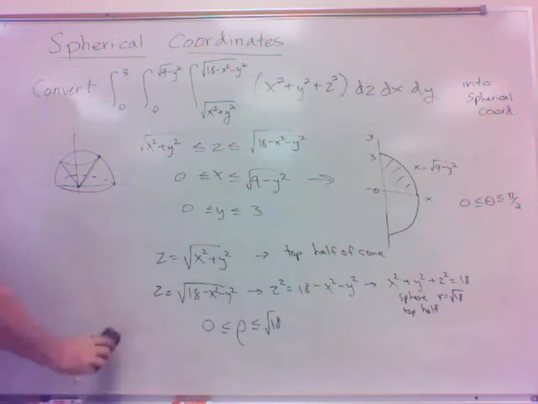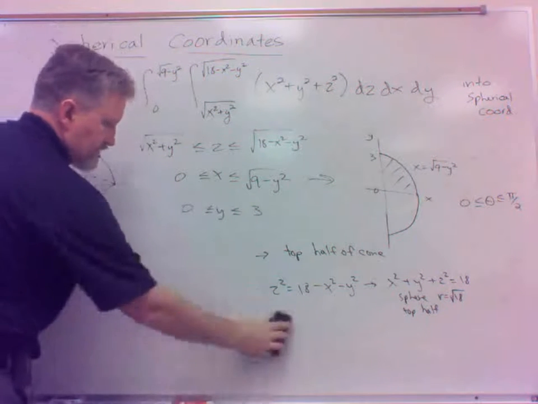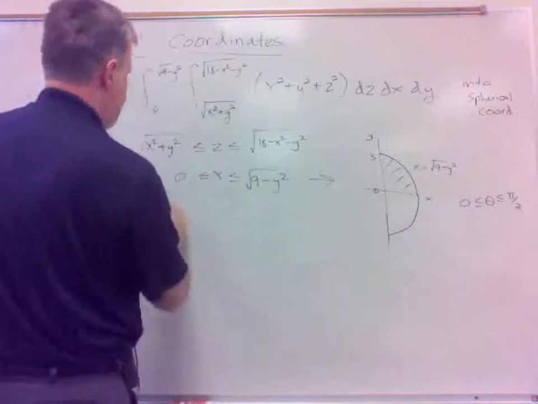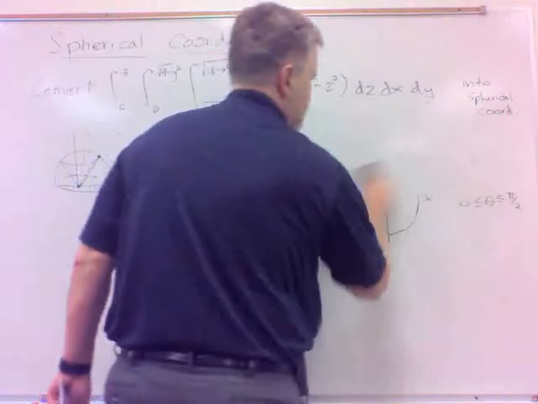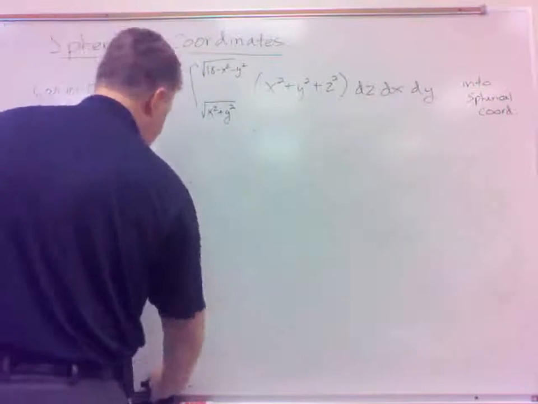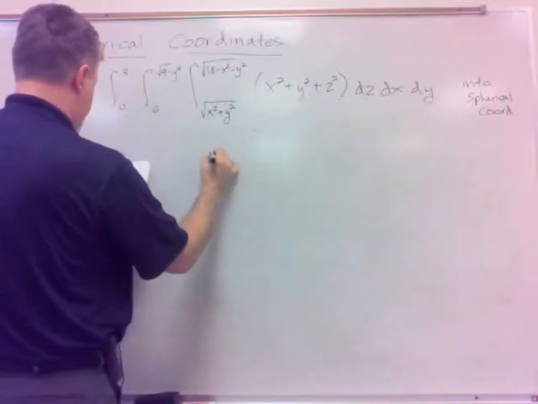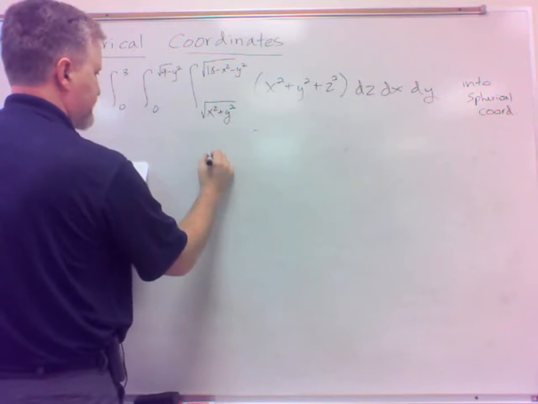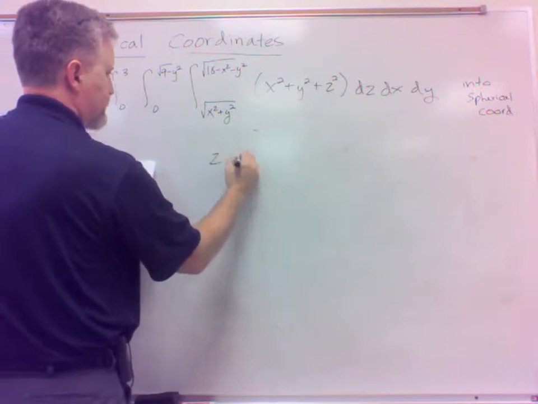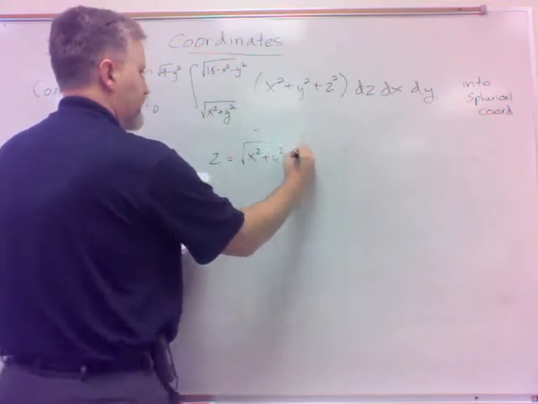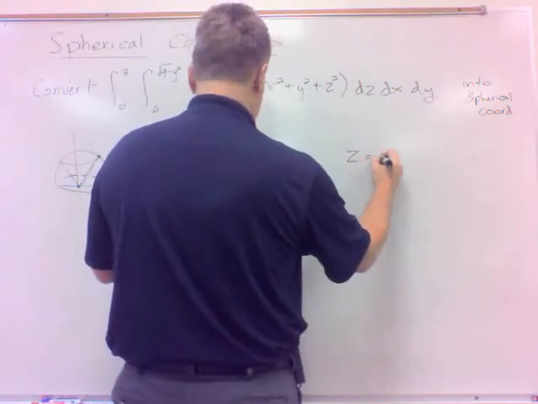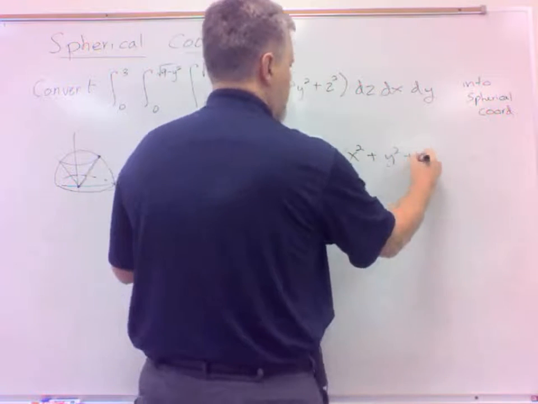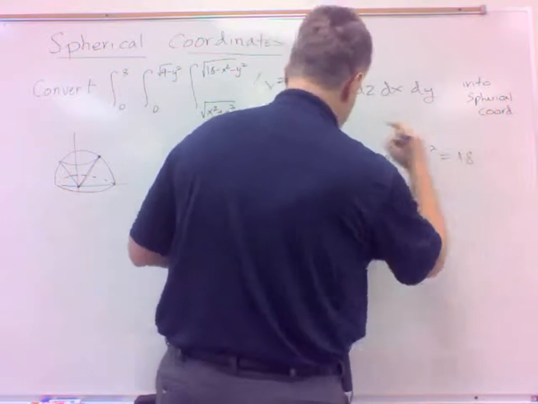So let's solve this equation here. So my phi is where the cone and the sphere intersect. So I've got the cone, z equals the square root of x squared plus y squared. And for the sphere, I've got the other version of it, x squared plus y squared plus z squared equals 18.